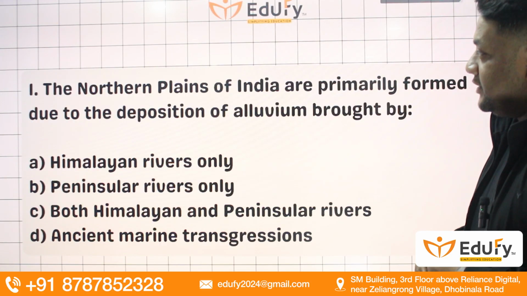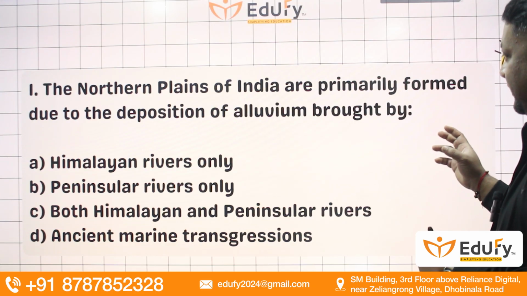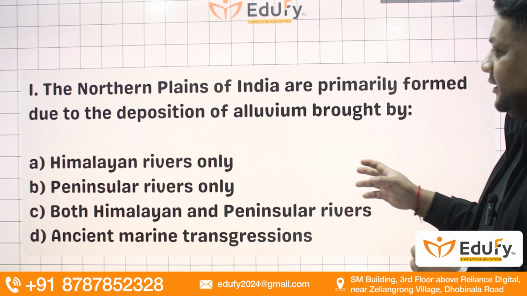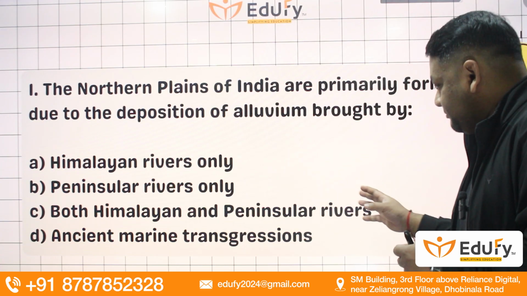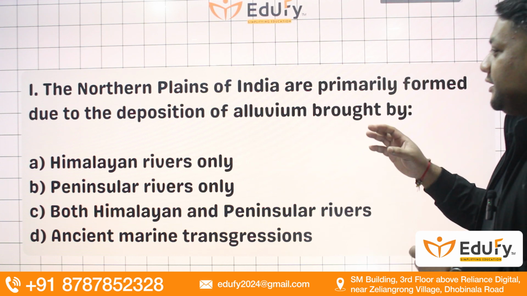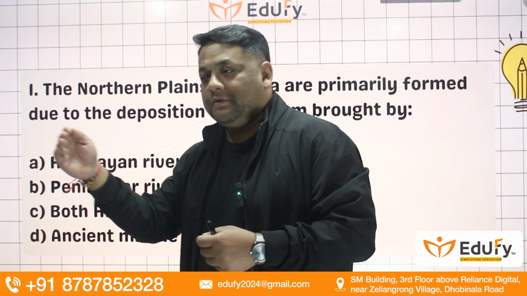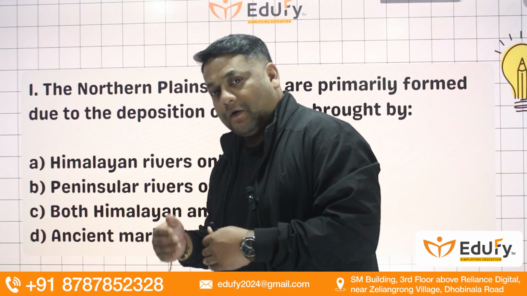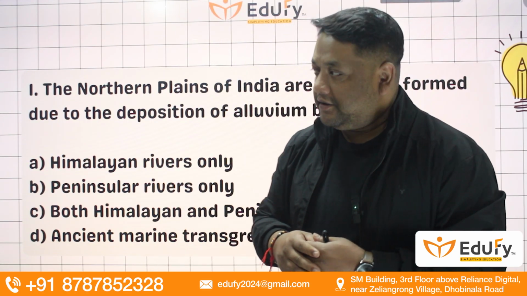Our first question is, the northern plains of India are primarily formed due to the deposition of alluvium brought by Himalayan rivers only, peninsular rivers only, both Himalayan and peninsular rivers, or ancient marine transgression. Remember, in the northern plains of India, the rivers coming from the Himalaya are more, but the peninsular rivers are also rich in the northern plains.